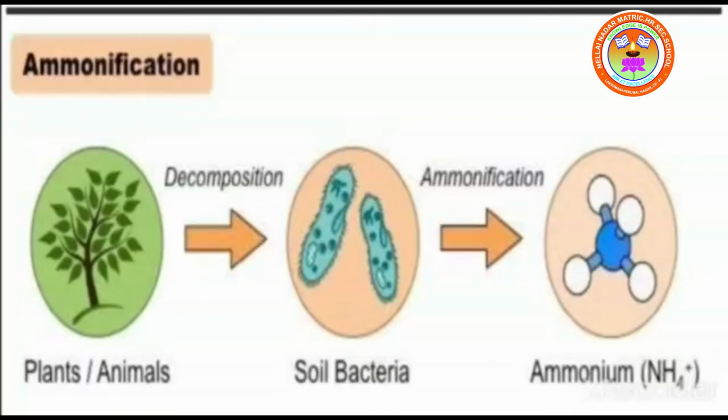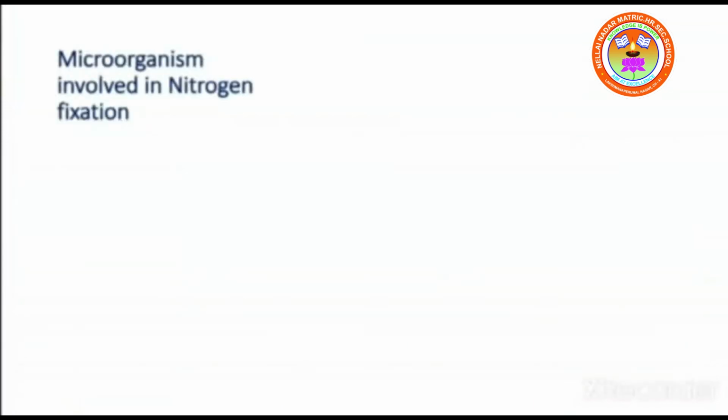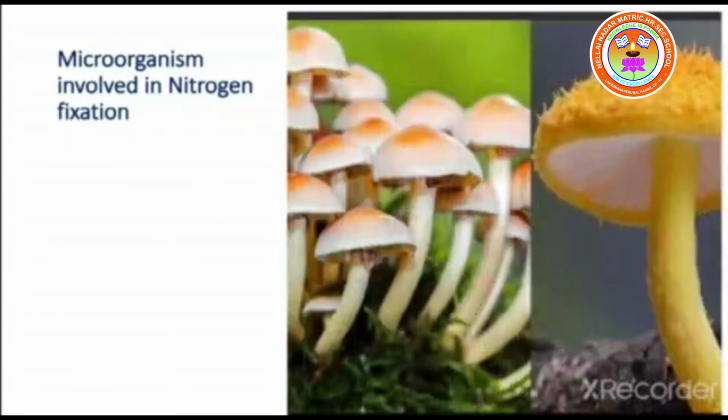The putrefying bacteria and fungi decompose these animal proteins, dead animals and plants into ammonium compounds. The microorganisms involved in ammonification are fungi.